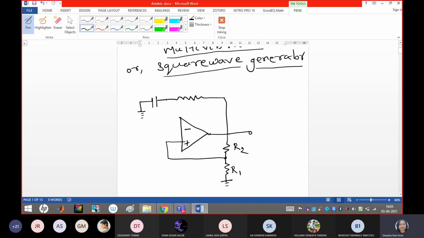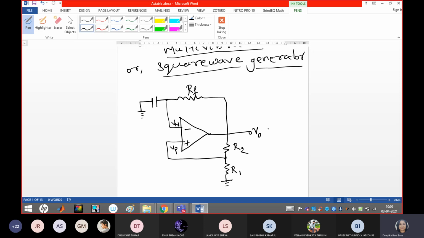This is the Vn terminal, this is the Vp terminal, and this is the feedback resistor RF, and this is the V0 output. Astable means not stable, or there is no stable state.